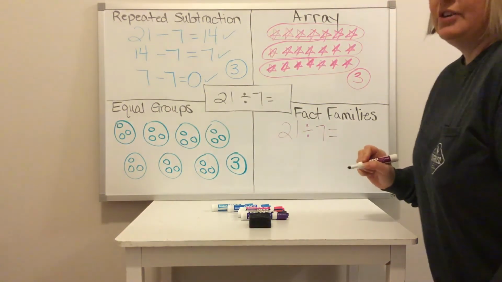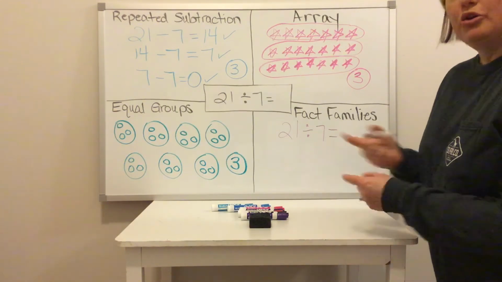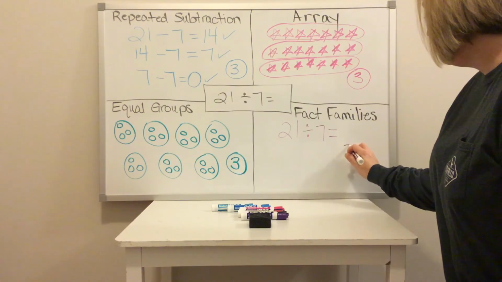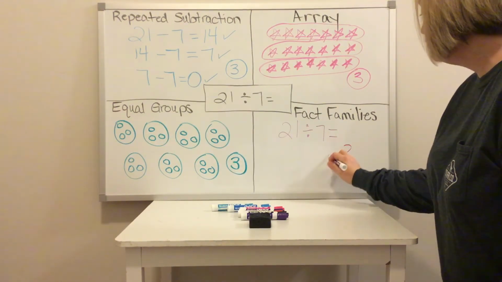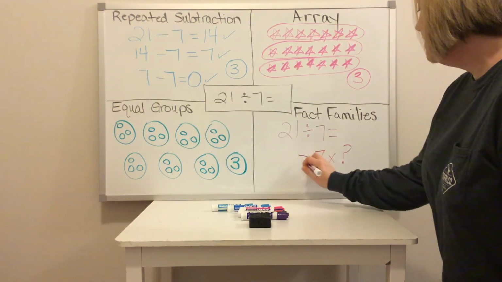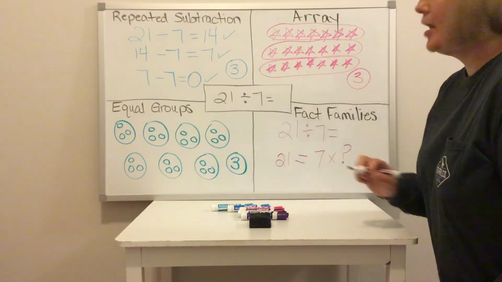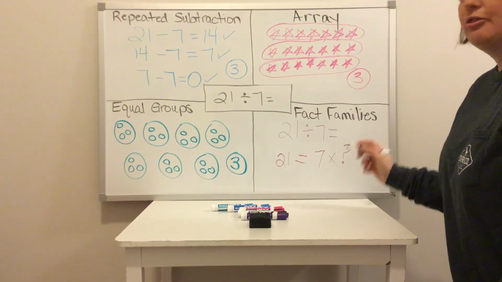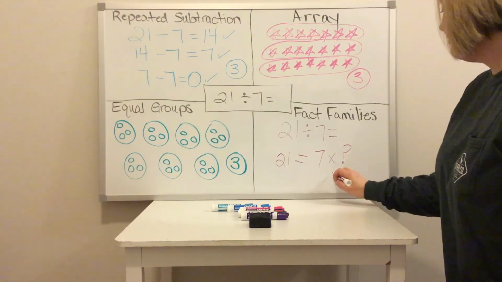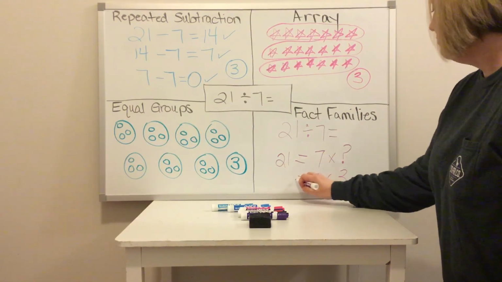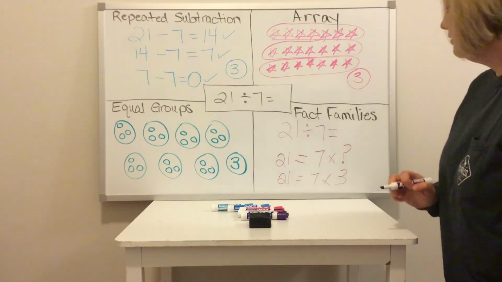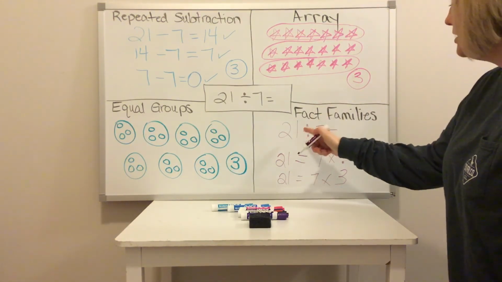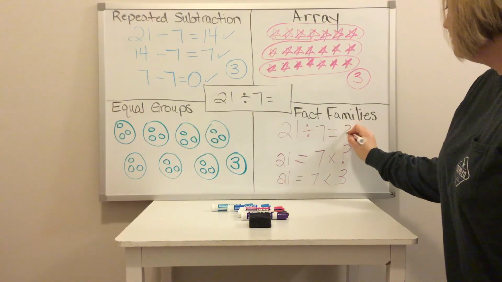If we think about division as multiplication backwards, then ask yourself, what can I multiply 7 by to get an answer of 21? If you know your multiplication facts really well, then you know that 3 times 7 makes 21. So there's your missing factor for the division problem. 21 divided by 7 would be 3.